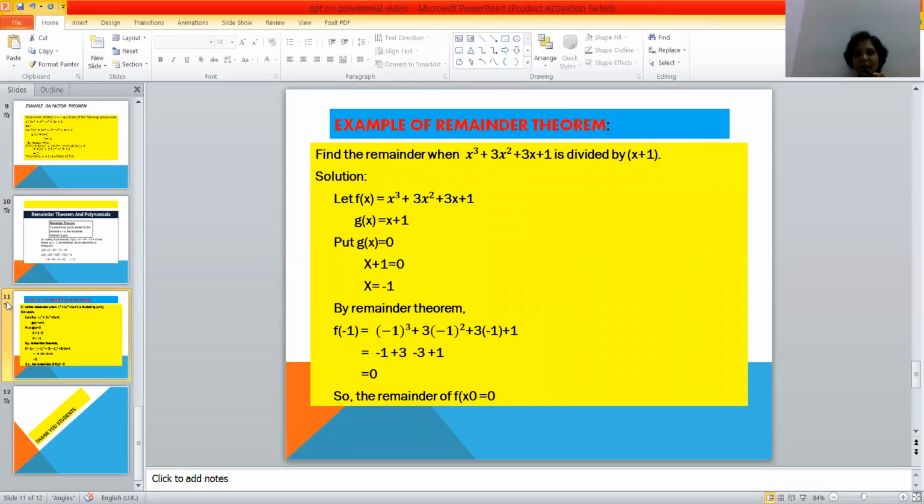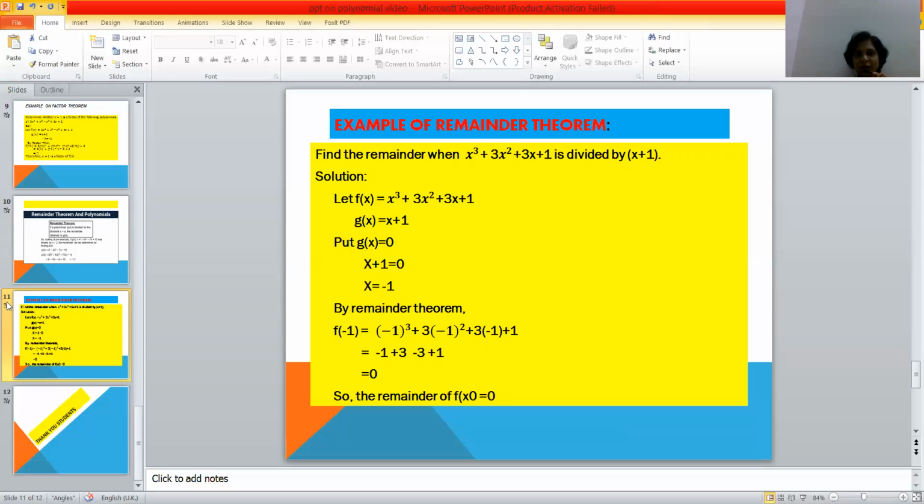Example of the remainder theorem. Find the remainder when x cube plus 3x square plus 3x plus 1 is divided by x plus 1. So consider that f of x is the given polynomial x cube plus 3x square plus 3x plus 1, and the other polynomial as g of x. g of x is equal to x plus 1.